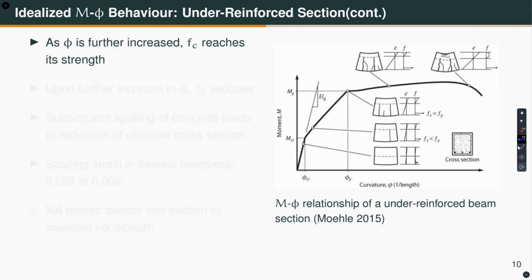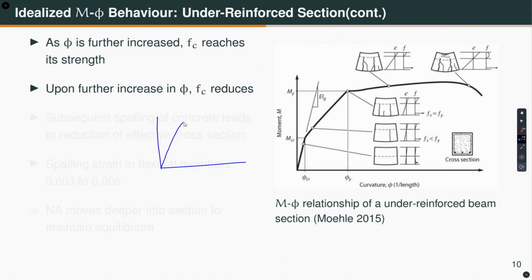But as phi is increased further, let us say somewhere here you reach the Fc, the strength of the concrete in compression. So what will happen if you keep on increasing the curvature? Eventually you will be like this. Depending on the confinement, the stresses will reduce in the concrete.